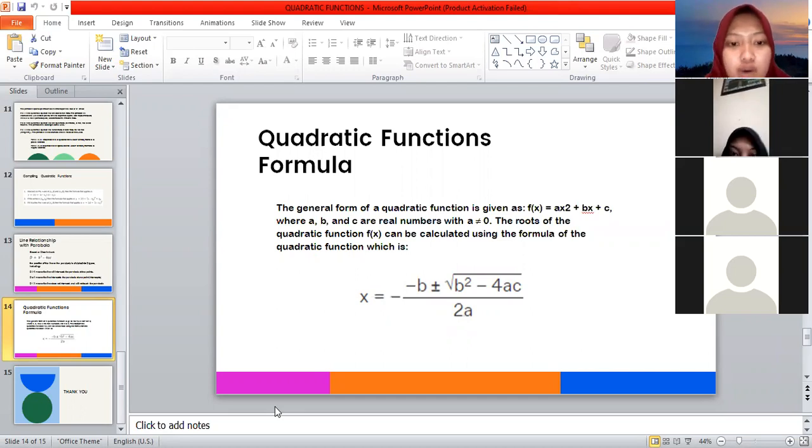The roots of the quadratic function f(x) can be calculated using the quadratic formula, which is x equals minus b plus or minus the square root of (b squared minus 4ac), divided by 2a.